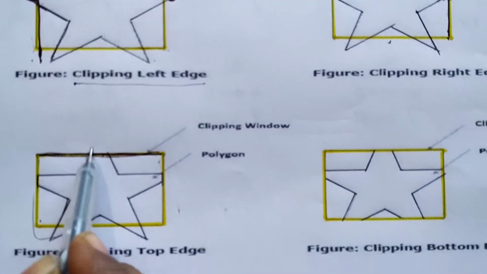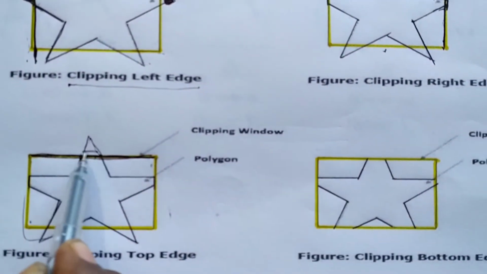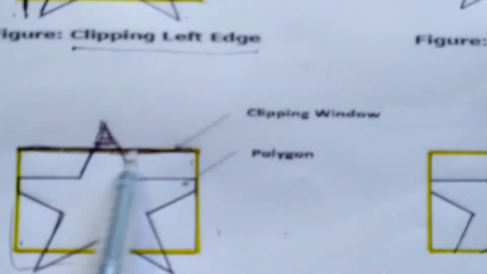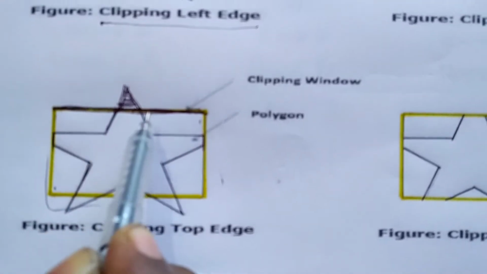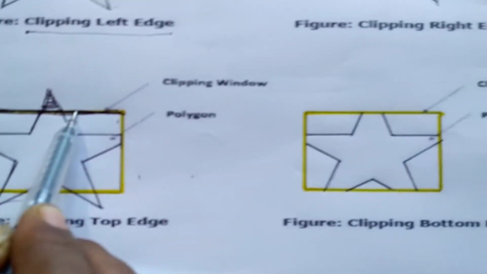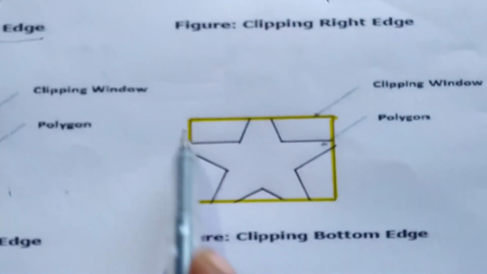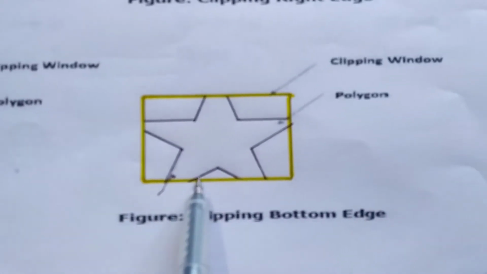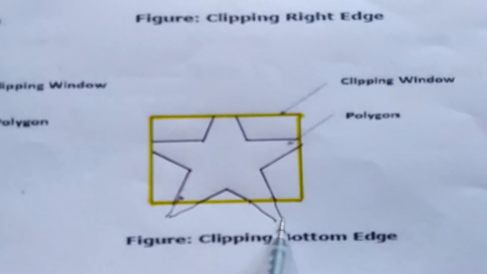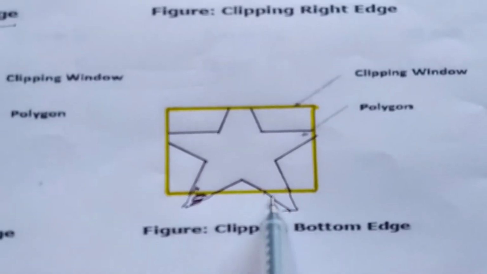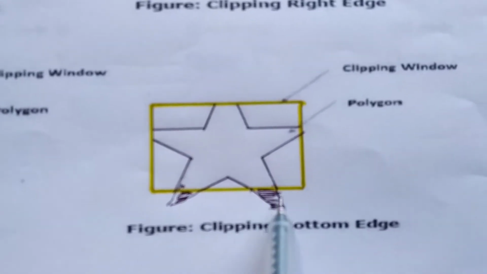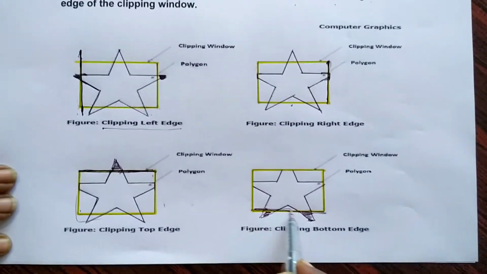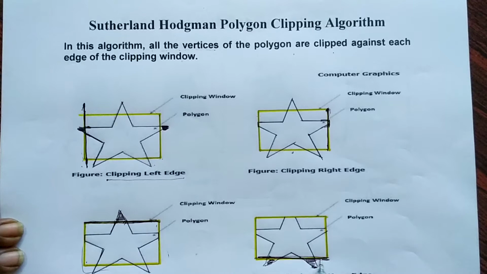We removed the portion of the polygon against the top edge of the clipping window. So in this diagram, this is the portion we are clipping here, right? Portion of the polygon we are clipping against the bottom edge of the clipping window.